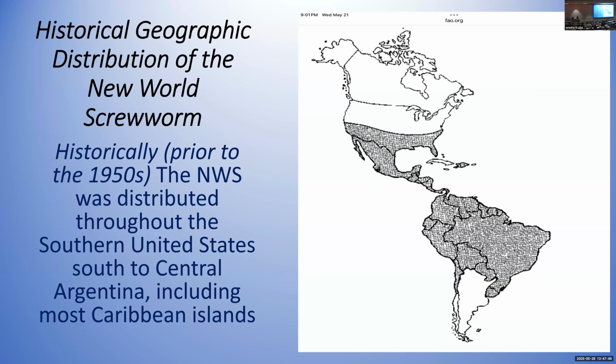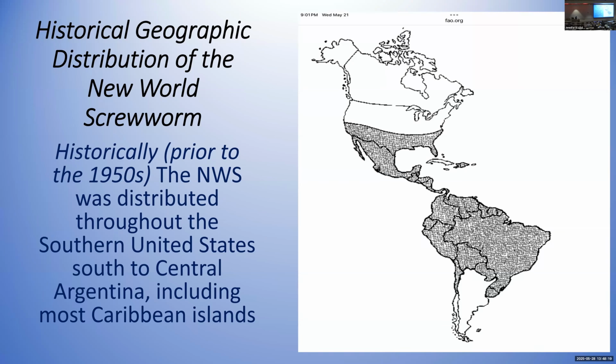I guess the first point was the historical distribution, the geography of where the New World Screwworm was in North America, and it was from right here to Argentina. Pretty wide distribution. Curiously enough, Florida was not endemic until the 1930s.